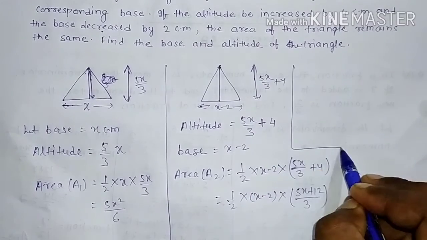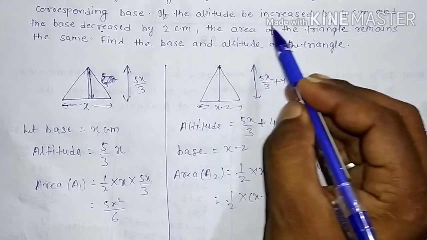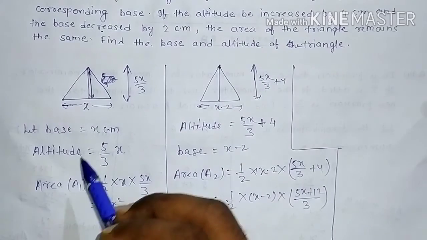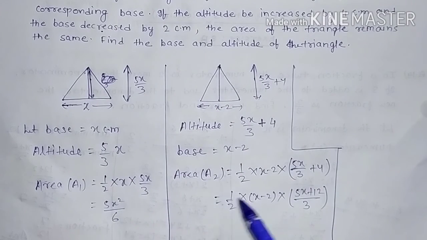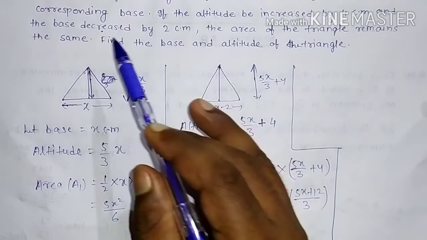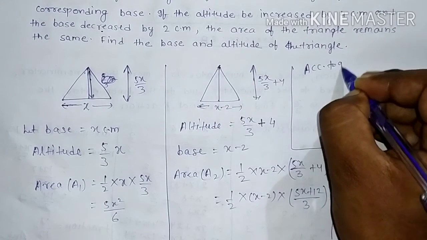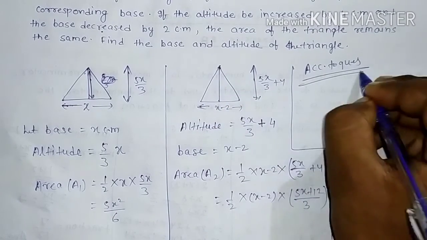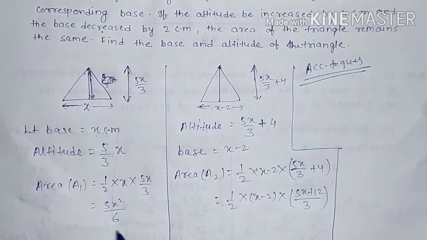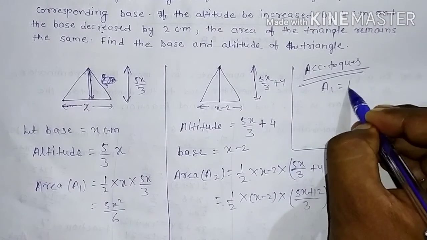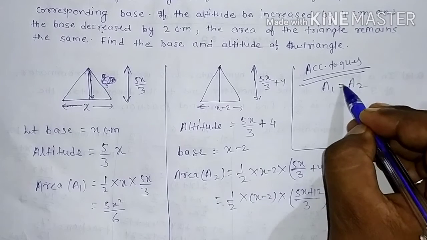Now according to the question, the area of the triangle remains the same. So both areas of the triangle are the same. So A1 equals A2 according to the question. The area of the first triangle is 5x square upon 6. So A1 equals A2, the area of the first triangle equals the area of the second triangle.